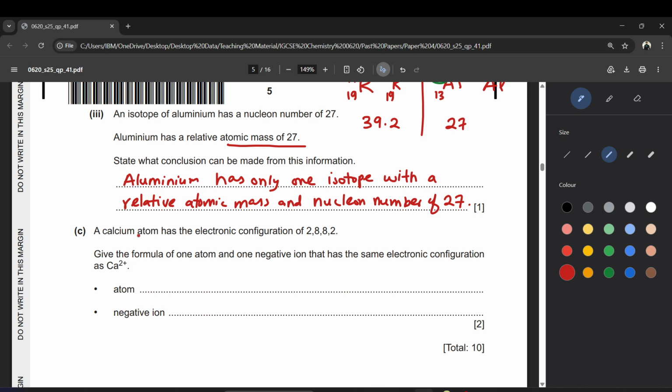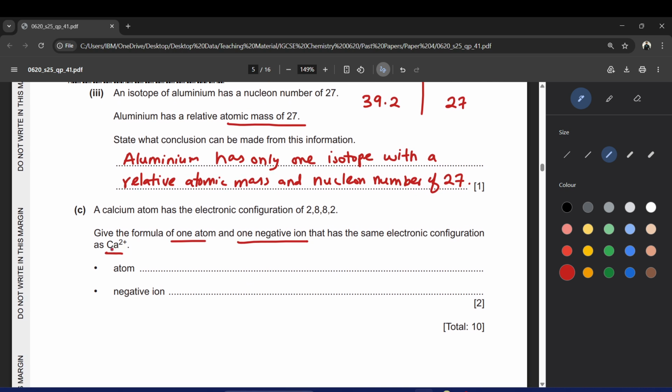Okay, part C is a calcium atom has the electronic configuration of 2882. Give the formula of one atom and one negative ion. Okay, one atom and one negative ion that has the same electronic configuration as Ca2 positive. Okay, so first of all, let us work out what would be the electronic configuration of Ca2 positive.